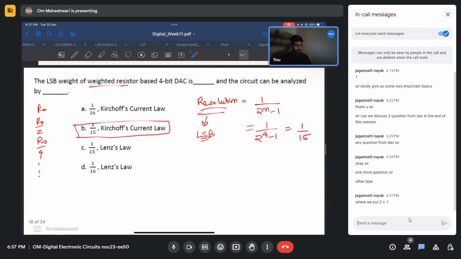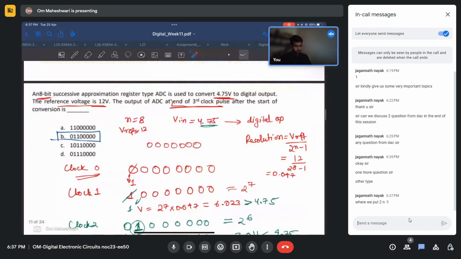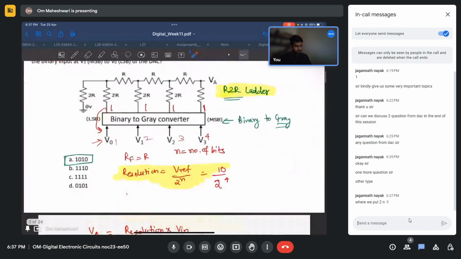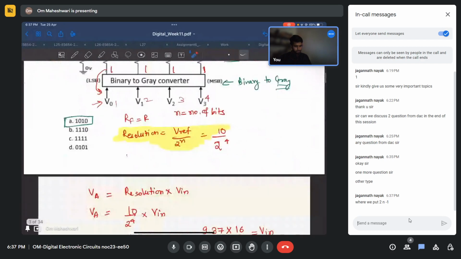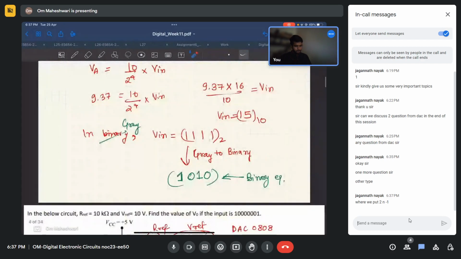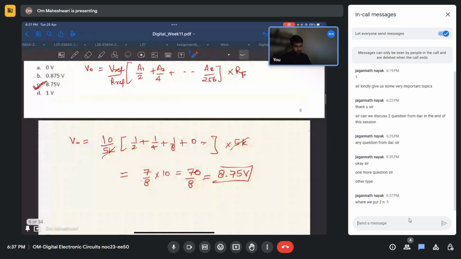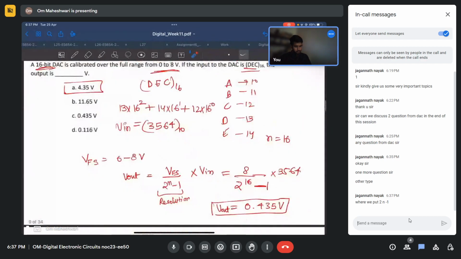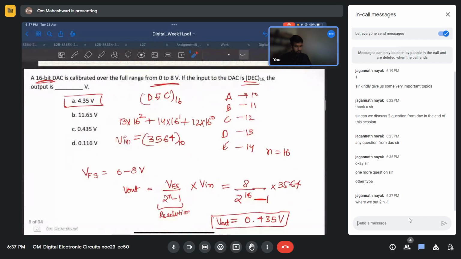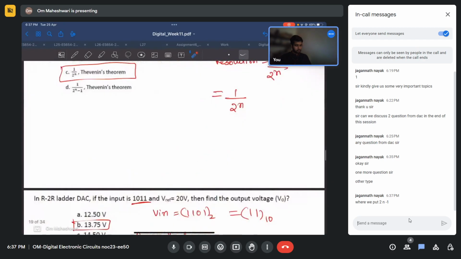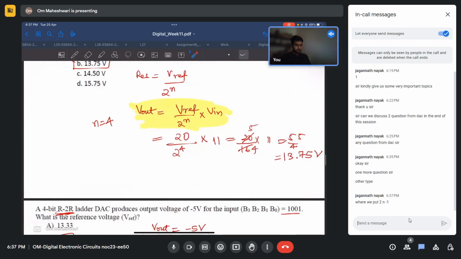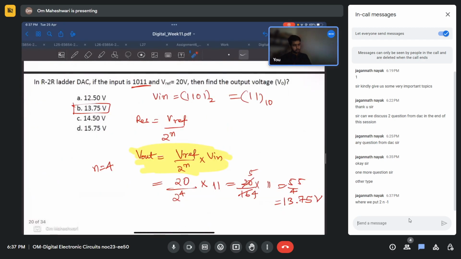Okay, 2 to the power n minus 1, I think we put in the first part. So the thing is, where do you put 2 to the power n? Where do you put 2 to the power n minus 1?